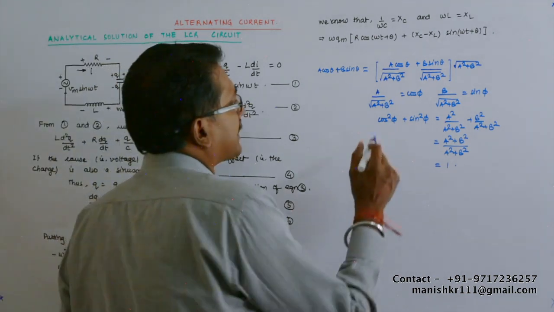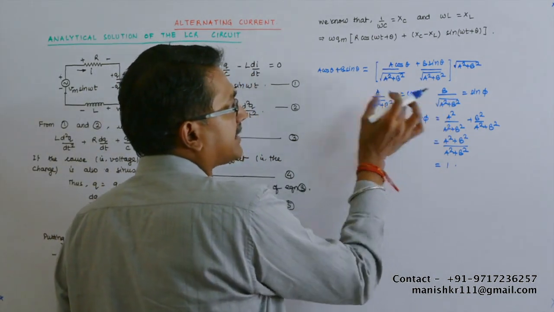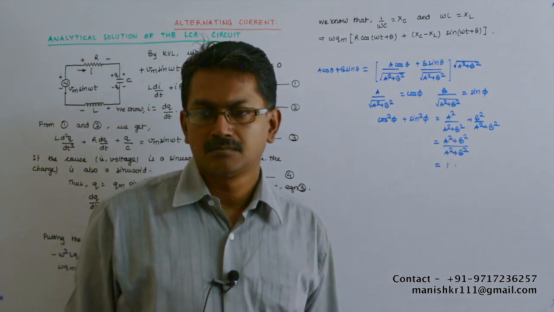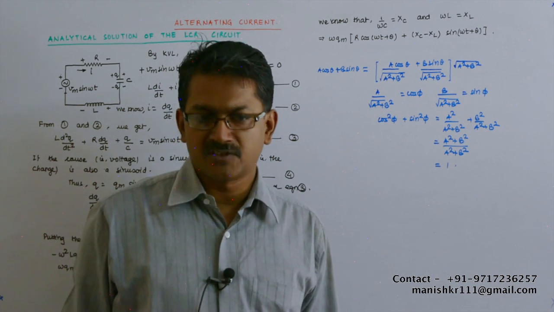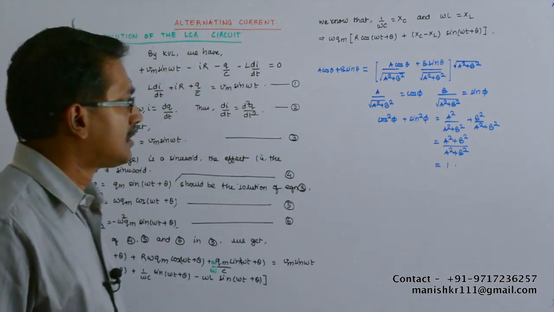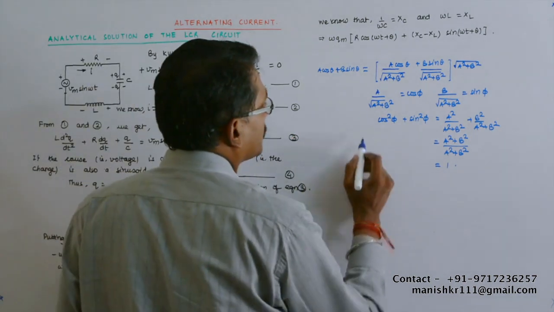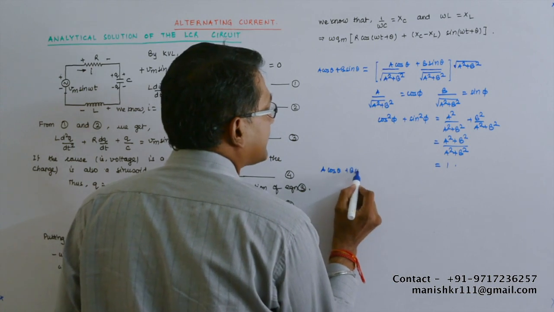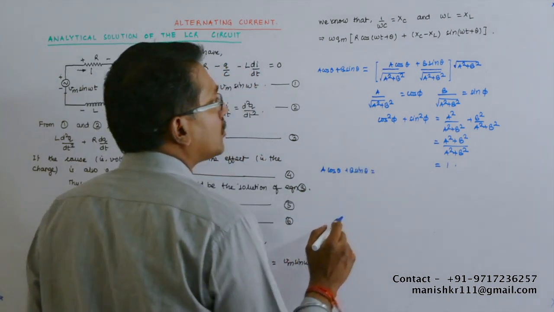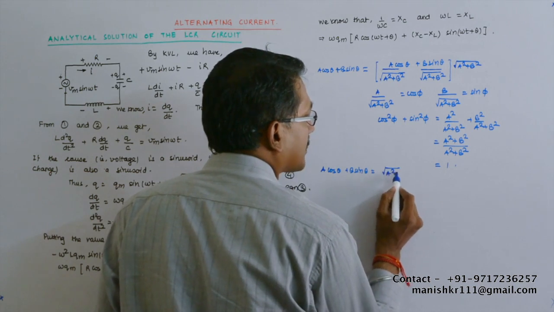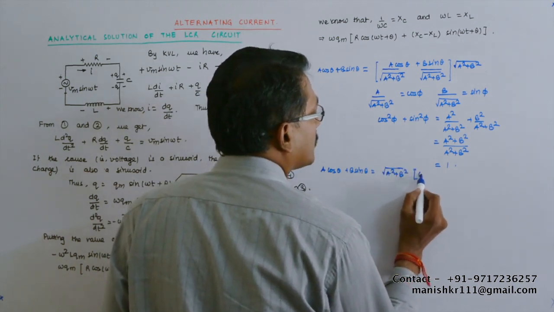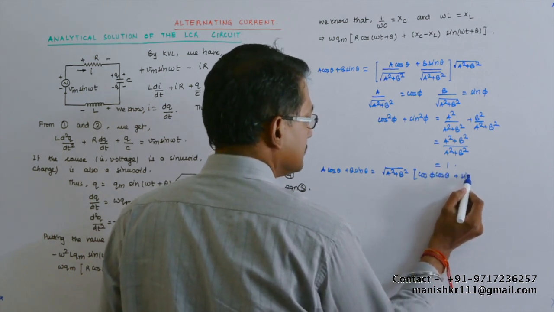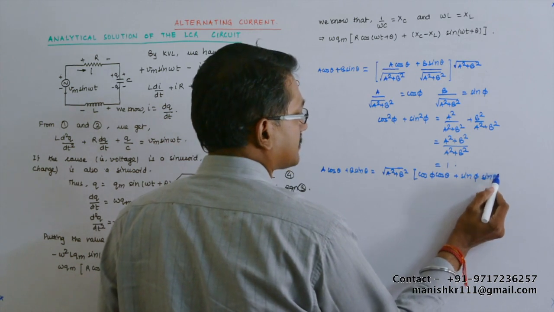Also, you'll realize one thing, that rightly cos phi is less than 1 and sin phi is also less than 1. Okay? Which should be the case. So you understand. So what am I able to write this as? Therefore, a cos theta plus b sin theta becomes equal to root over a square plus b square into cos phi cos theta plus sin phi sin theta.